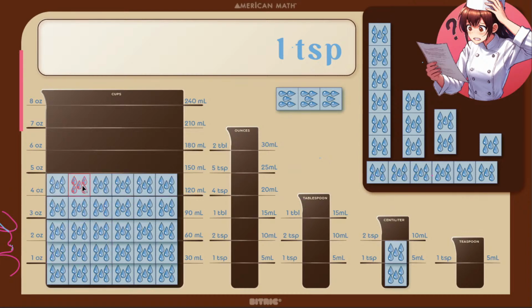Now we need half of a tablespoon. So drag out a tablespoon. Chop that in half. Boom. So right now we have a full teaspoon. 1 teaspoon. Boom. And put that back.